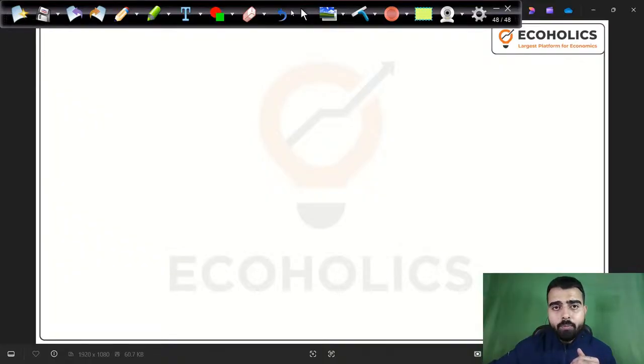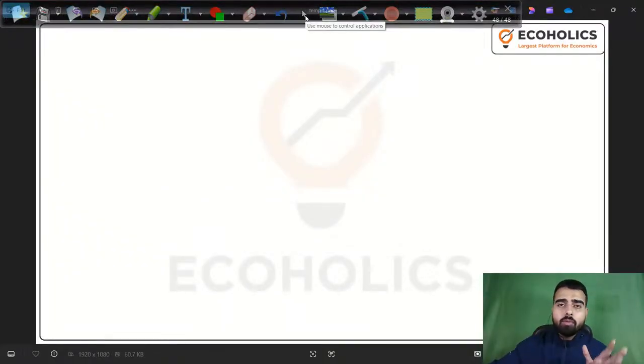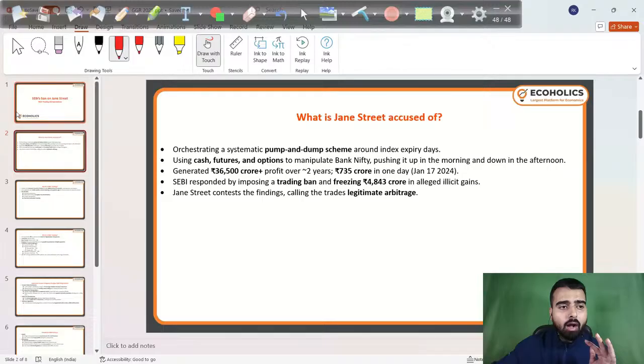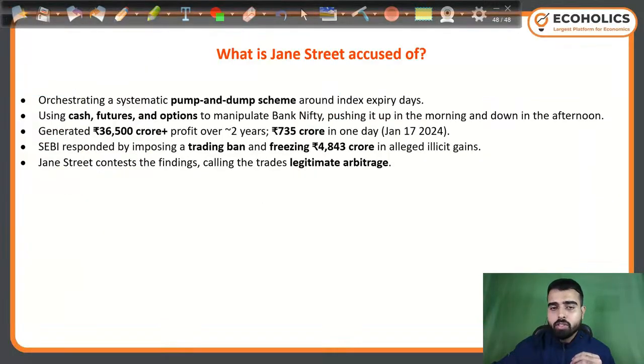Now the thing came, there are the foreign portfolio investors. First of all, Jane Street is a proprietary firm established, they have their headquarters in New York. So then how can they manipulate? Because as per the SEBI regulations released in 2019, foreign portfolio investors cannot do intraday trading.